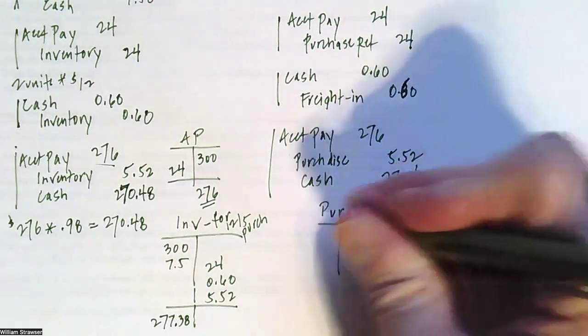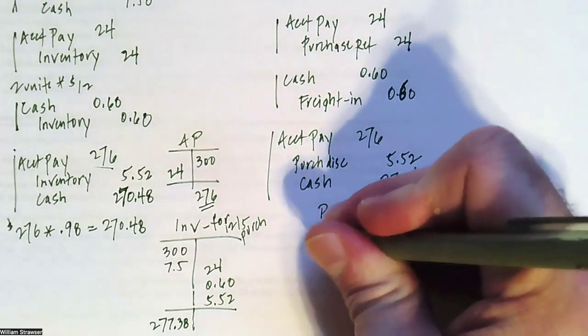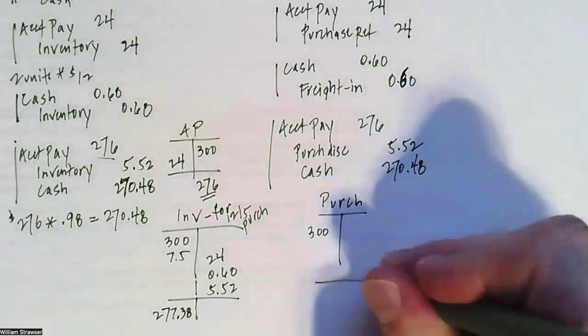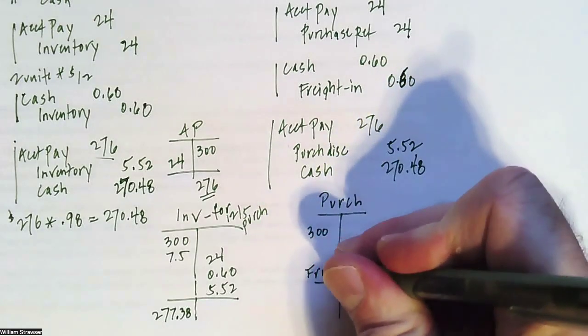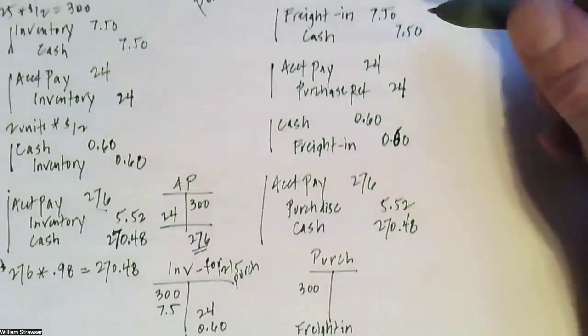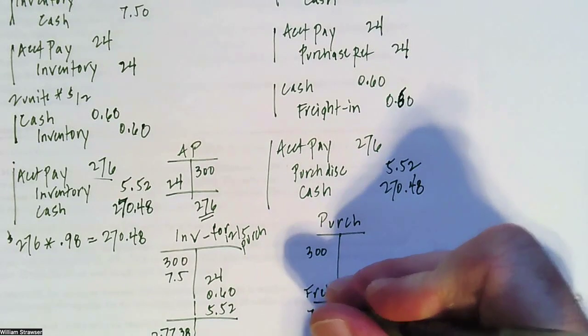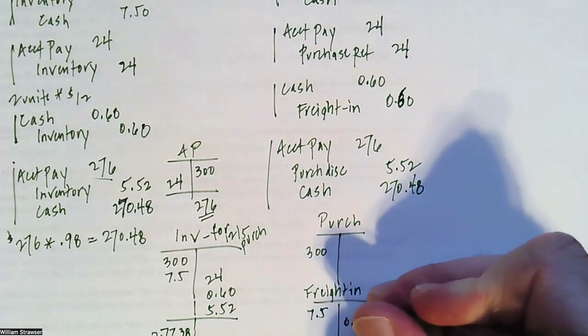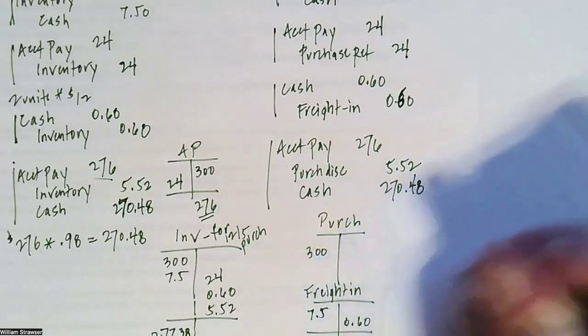We have our purchases account, debited at 300, nothing else. We have my freight account, and that was debited, then credited. So 6.90 was the opening debit, and we credited it by 60 cents. That left me with 6.30.